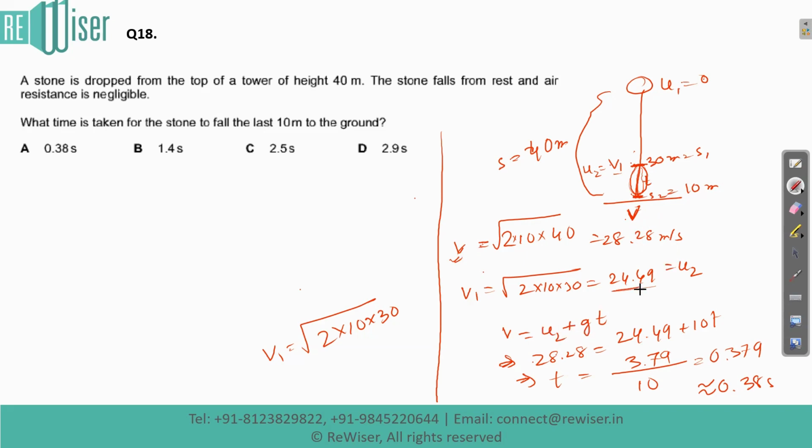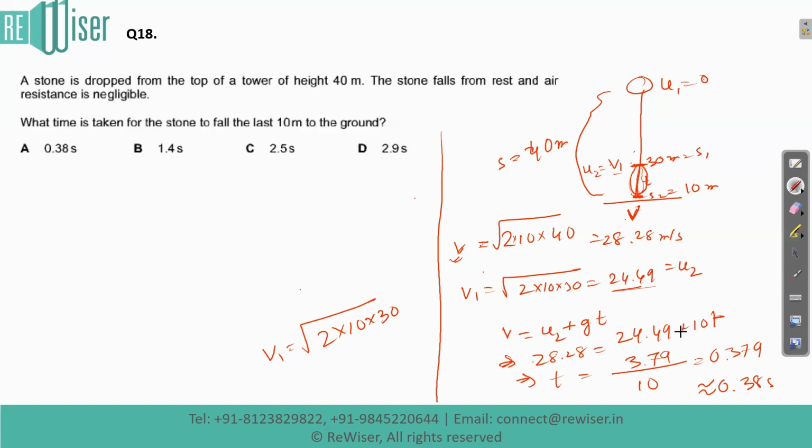U2 we have found out, 24.49. Here it is U2 plus G into T. G is 10. T we want to find. So we replace the values. V is equal to 28.28 is equal to 24.49 plus 10 into T.